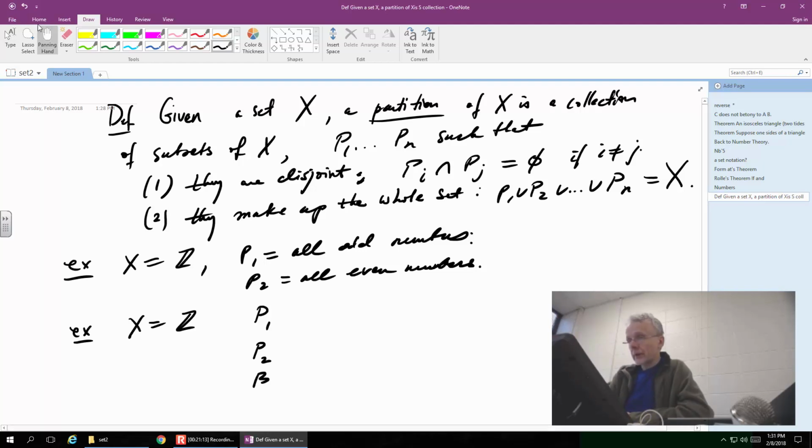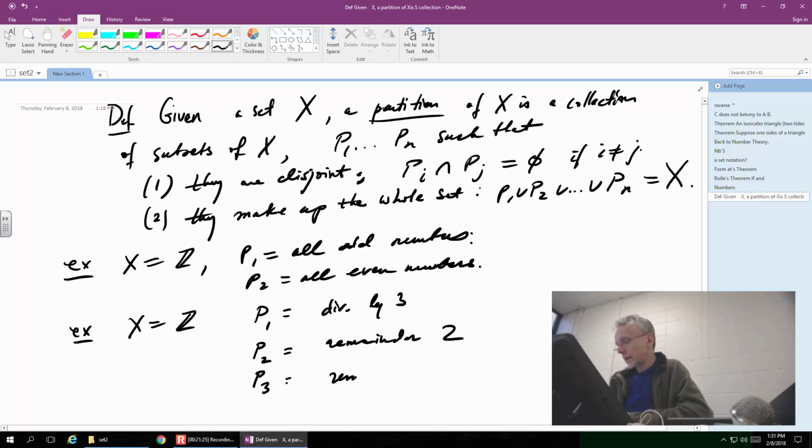One will be divisible by 3, which means that remainder is 0.